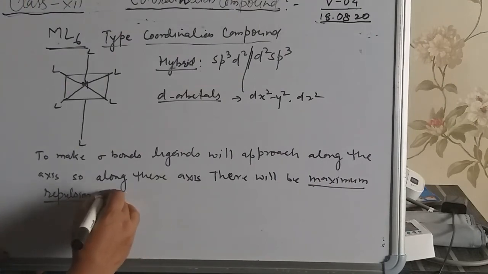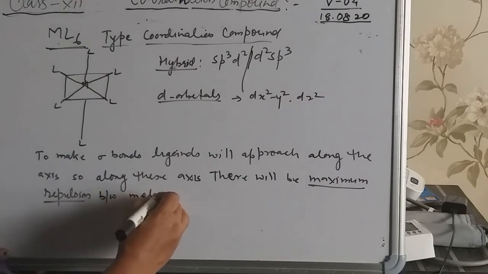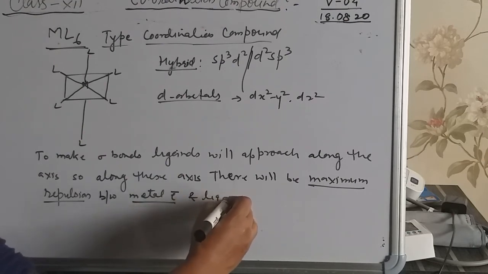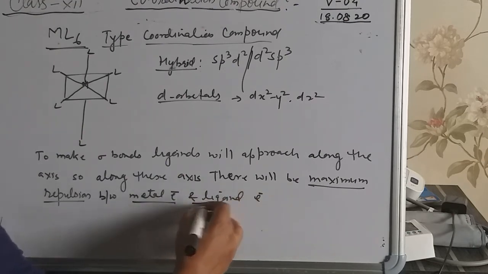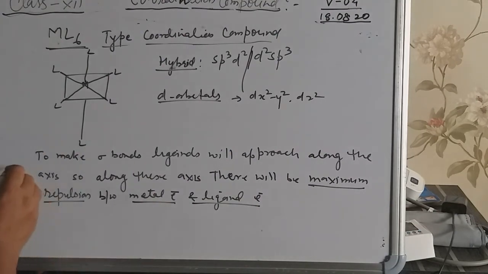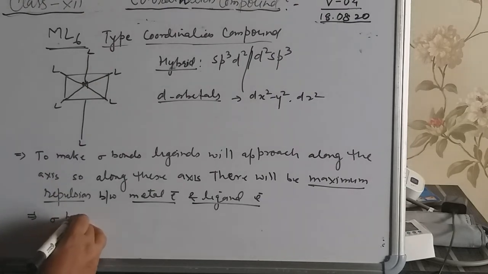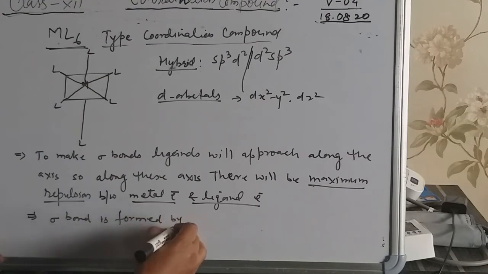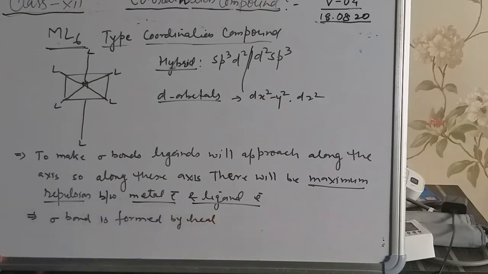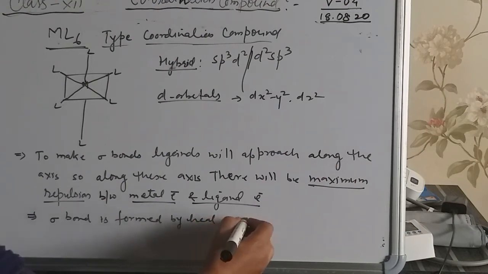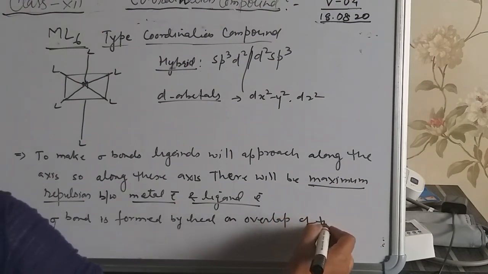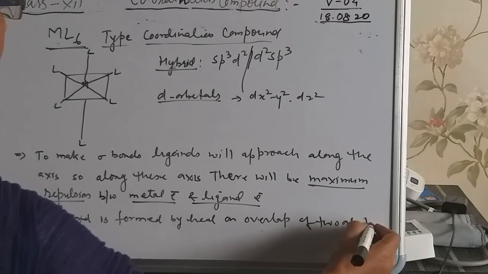Between metal electron and ligand electron. So sigma bond is formed by head-on overlap of two orbitals.